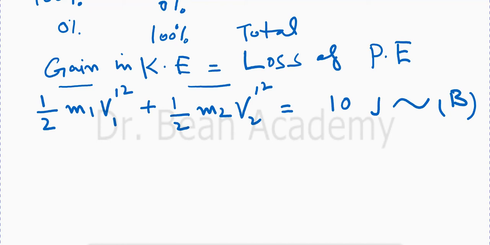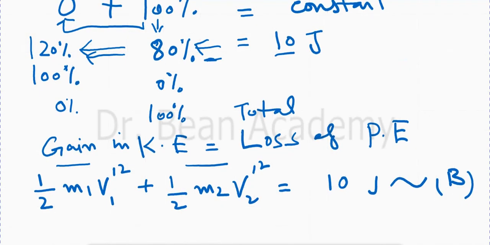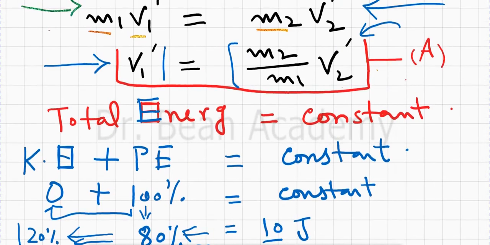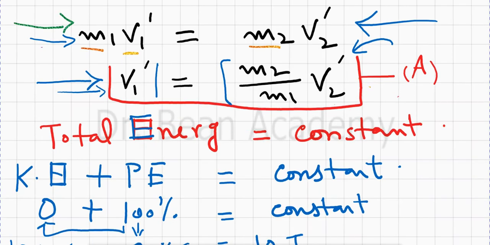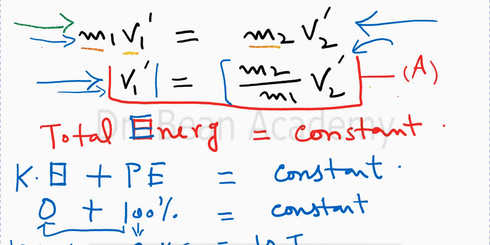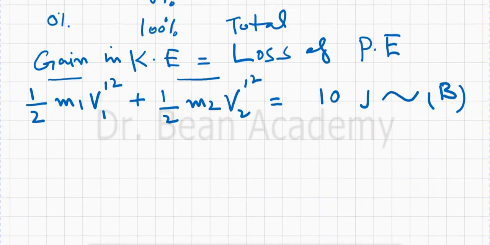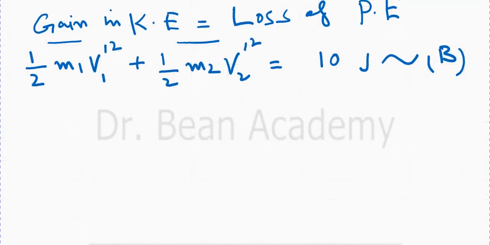Now I will solve these two simultaneous equations. The first one is A, which I got from the law of conservation of momentum, and I have already isolated v1 prime, which is equal to m2 over m1 times v2 prime. I will plug this value into equation B, which I got from the law of conservation of energy, and then I can find the value of v2 prime.